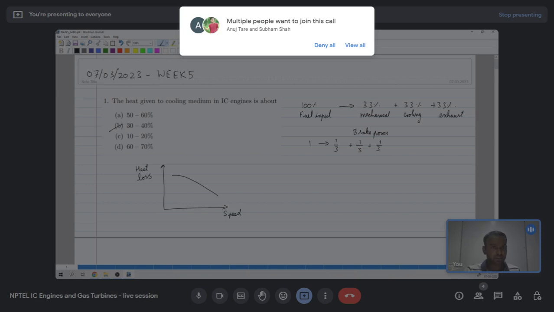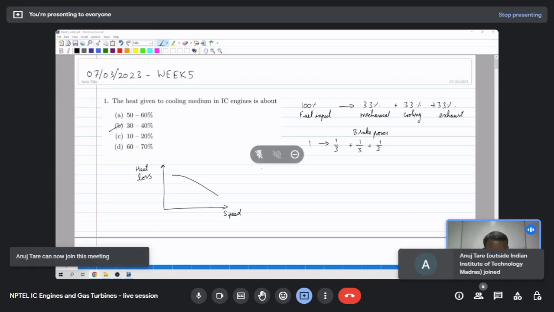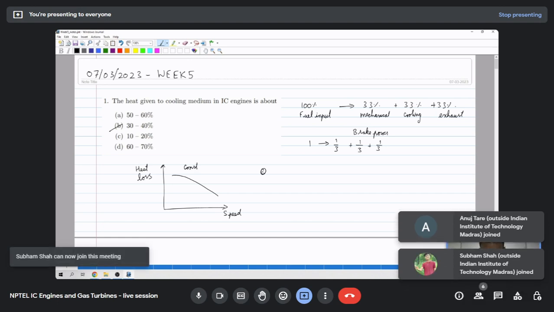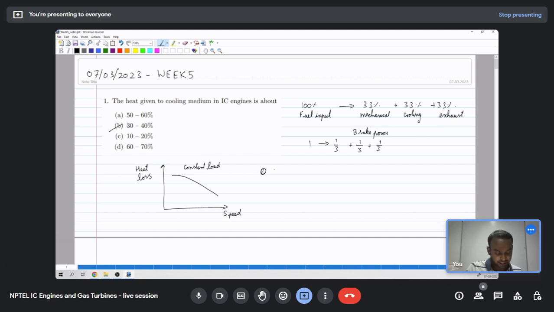There are multiple physics behind this, and this is for constant load. One is that the time available for heat transfer becomes low when the speed increases.